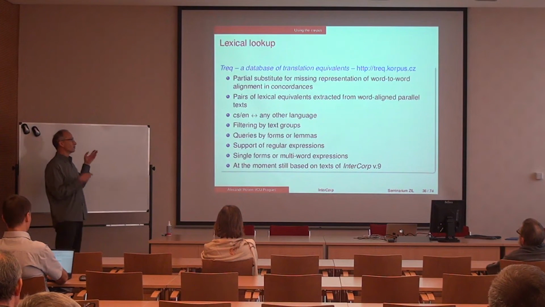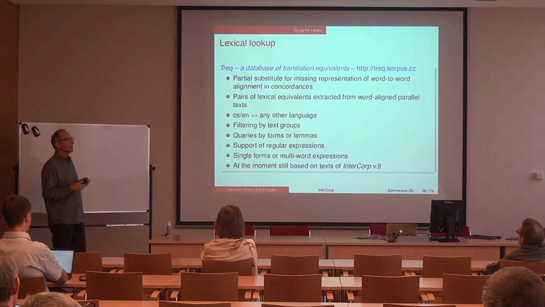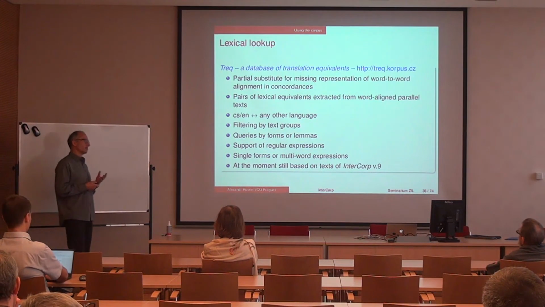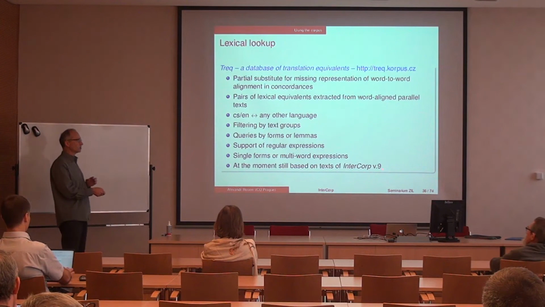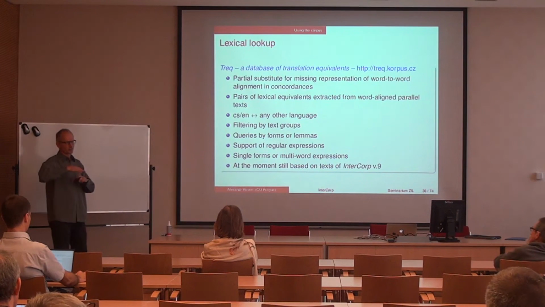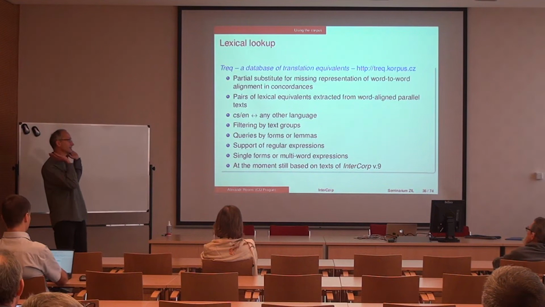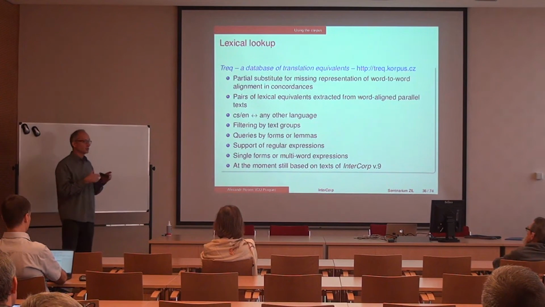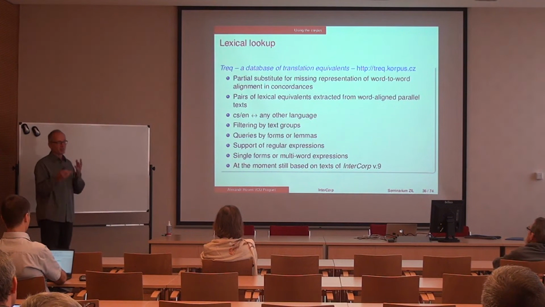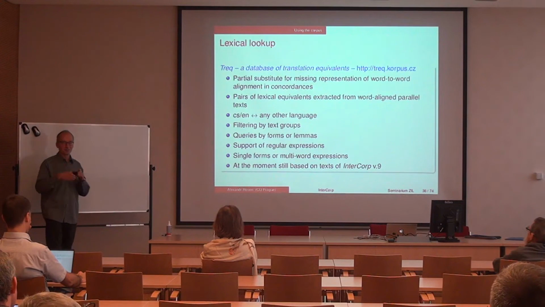Unfortunately, at the moment it's still based on version 9 of the texts, but it should be available for new texts. That's especially painful for languages that do not have as many words. If you try, for example, Japanese, it's horrible because Japanese was not even tokenized in version 9. So it really cannot find any words because it's always sentences.